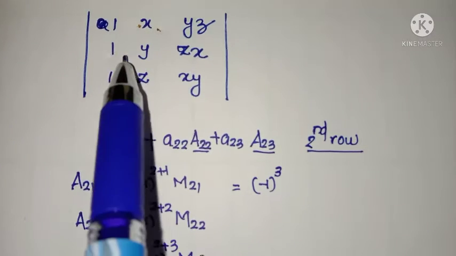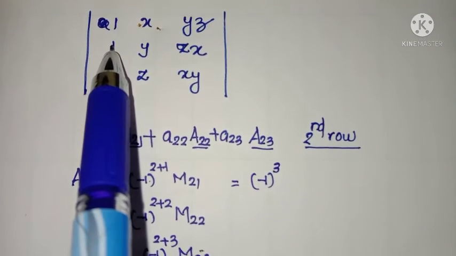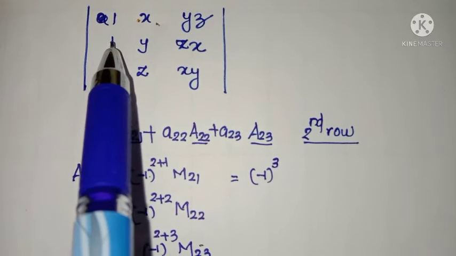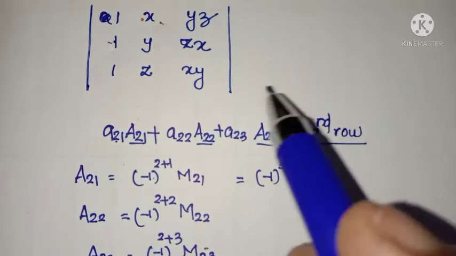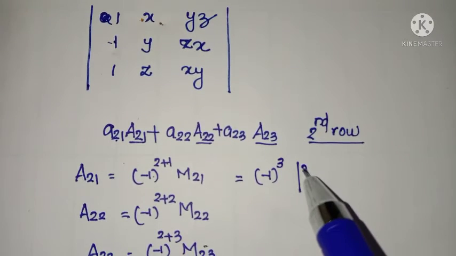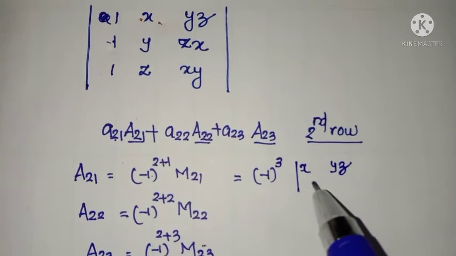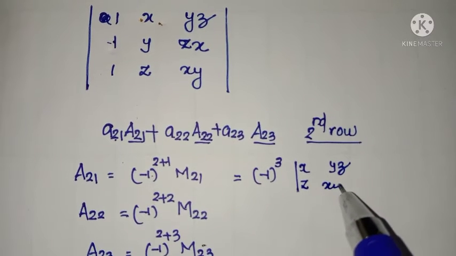second row first element. So the minor of the second row first element is: delete the second row and first column. Then we get the determinant x, y, z, z, x, y.